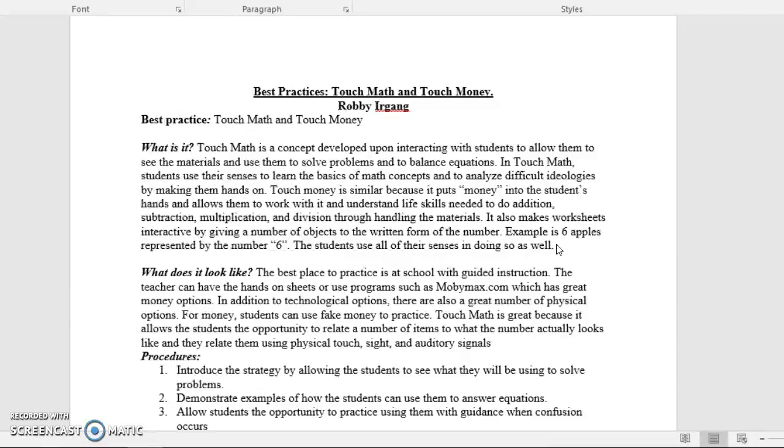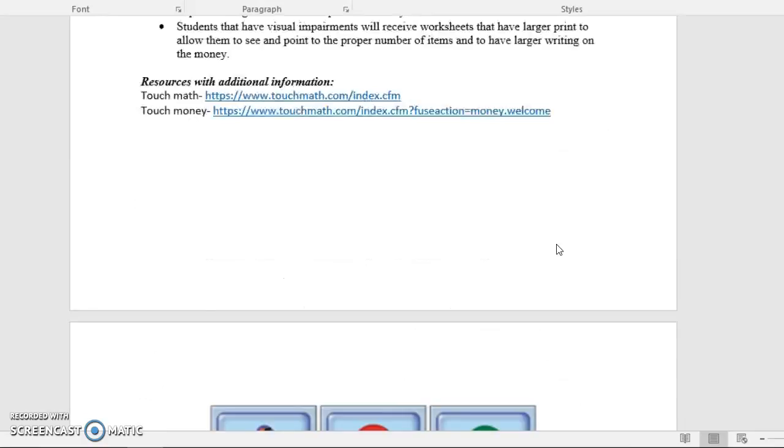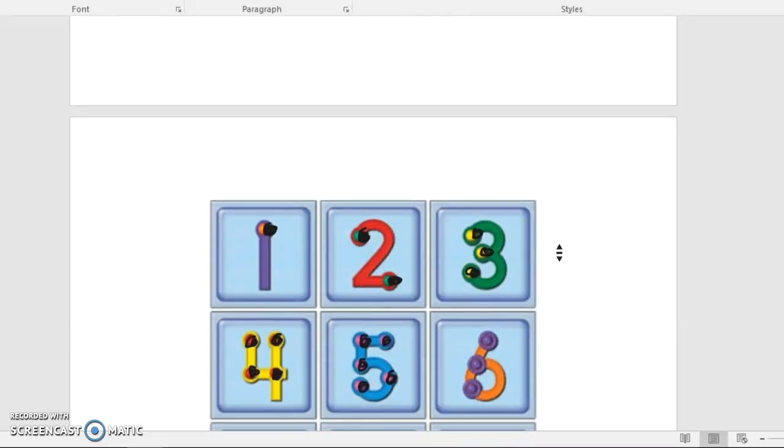So 6 apples would be transferred from being off screen or on the side, and instead of counting them individually, we can represent them by a written number 6. And I'm going to show you all that right here at the bottom. It's one of the documents that I've attached.